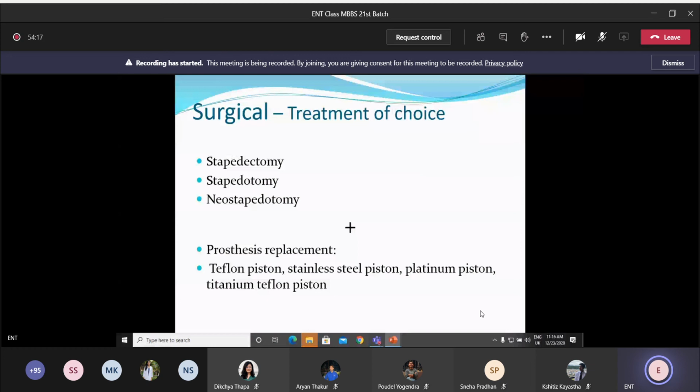So you make a hole in the stapes footplate, and neostapedotomy is a new surgery these days. Here you do not cut the tendon. So what tendon is attached to the stapes neck? Can anyone tell me? Just anatomy.